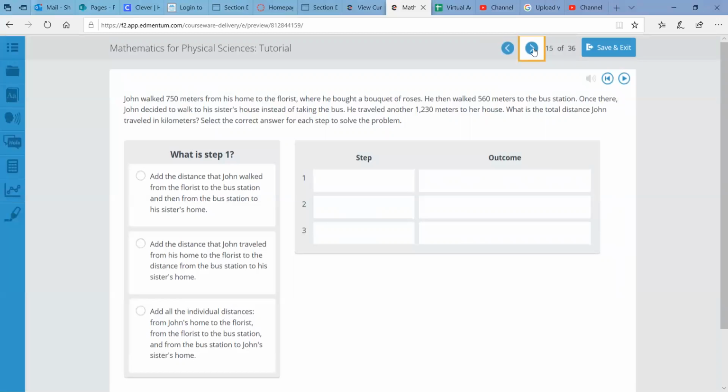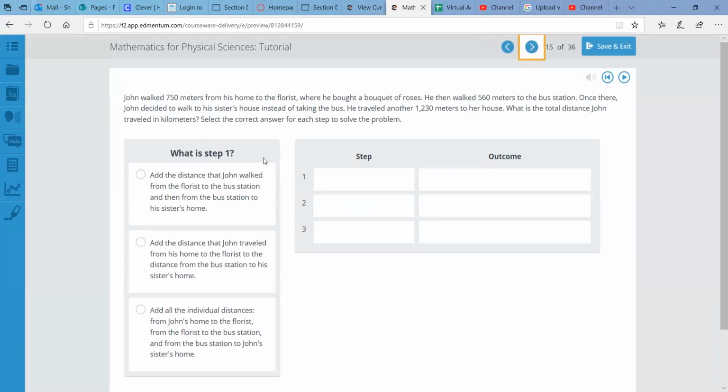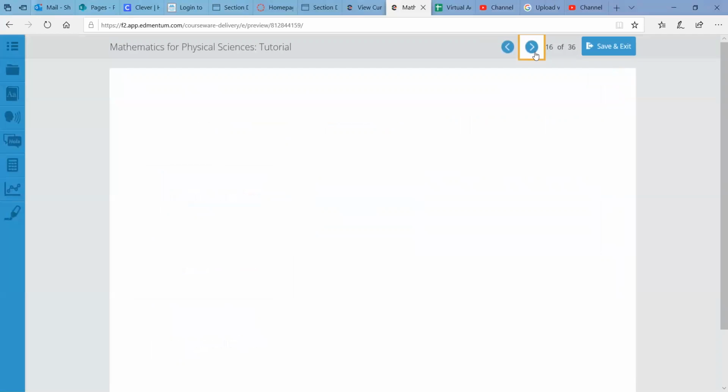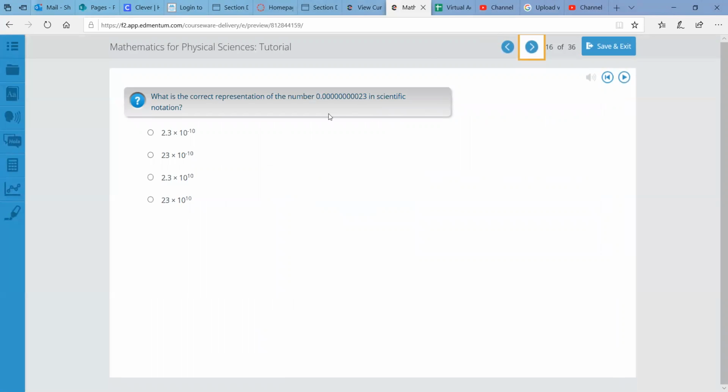And then this has the steps and outcomes of what to do. I think we'll step past that for now.